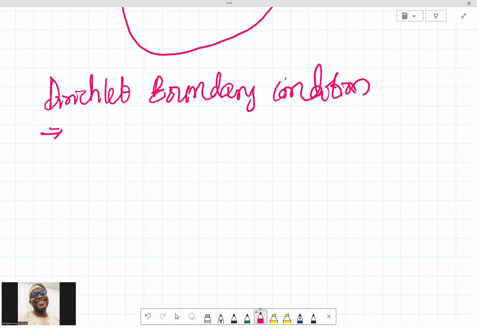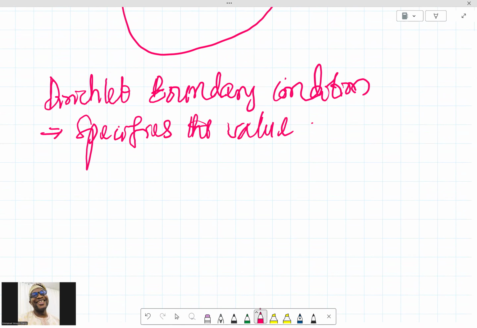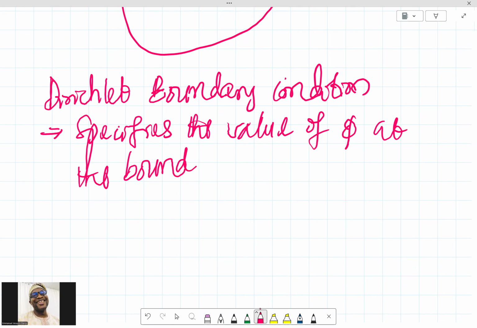So first, it specifies the value of the potential at the boundary. So it deals with the value directly at the boundary.